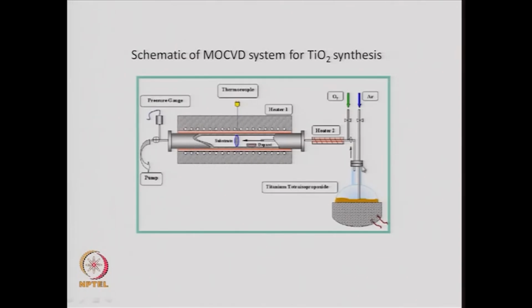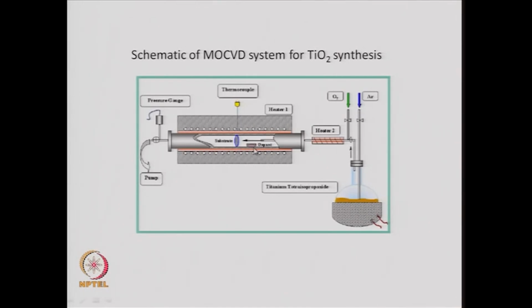So, there is a furnace through which this titanium isopropoxide is passed in the presence of oxygen and argon, and then at this temperature which you can control, the titanium isopropoxide can be calcined over a substrate, and TiO2 is generated on top of a substrate.